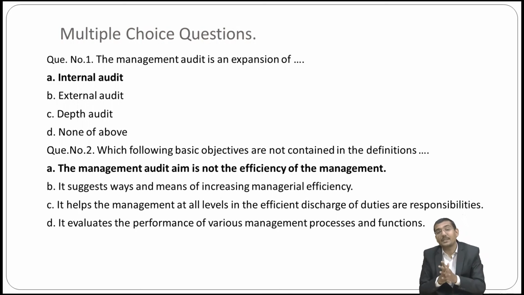Then it helps the management at all levels in efficient discharge of duties and responsibilities, yes, that's an objective also. Then it evaluates the performance of various management processes and functions, absolutely right. According to the definition, these objectives are defined, but the first one, that management audit's aim is not the efficiency of management, is not an objective as contained in the definition. So the answer is A. Option A is the correct answer.